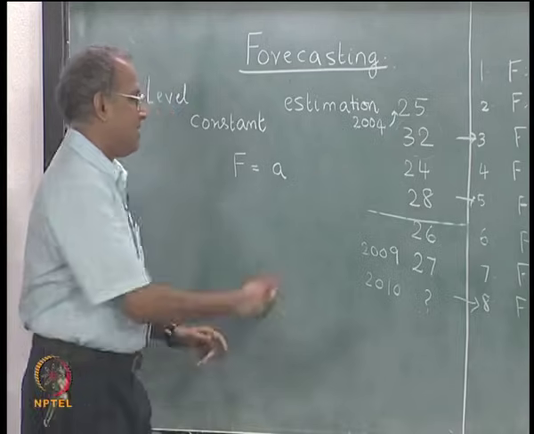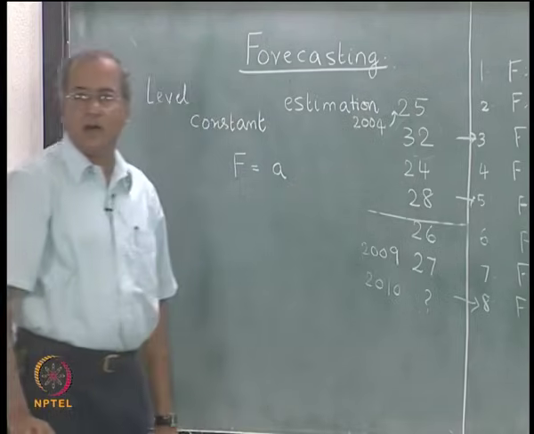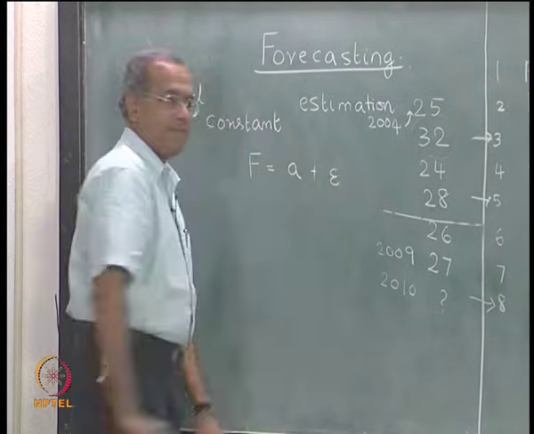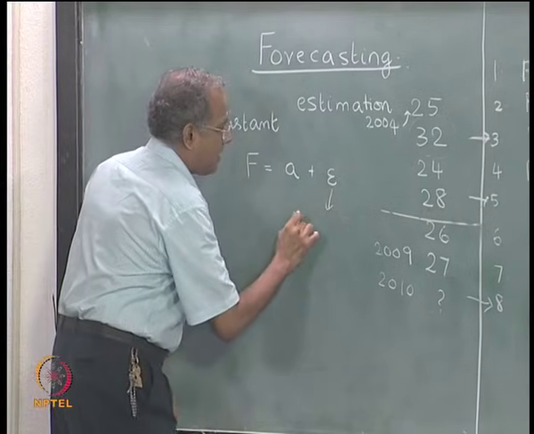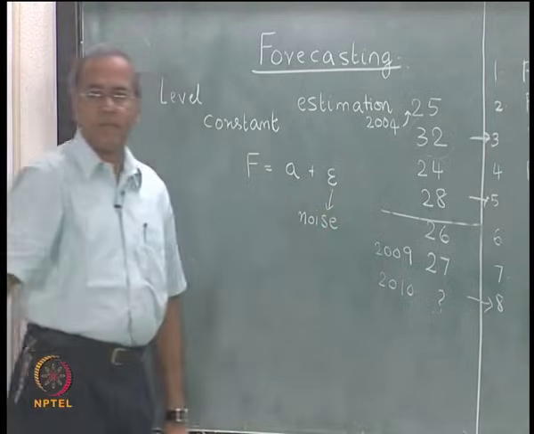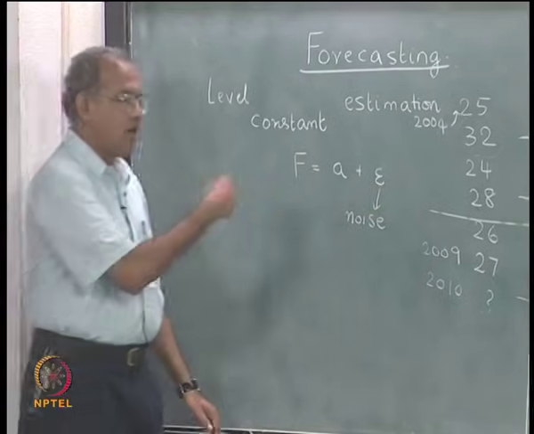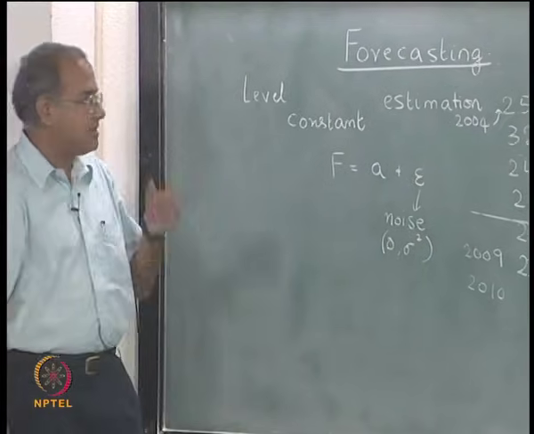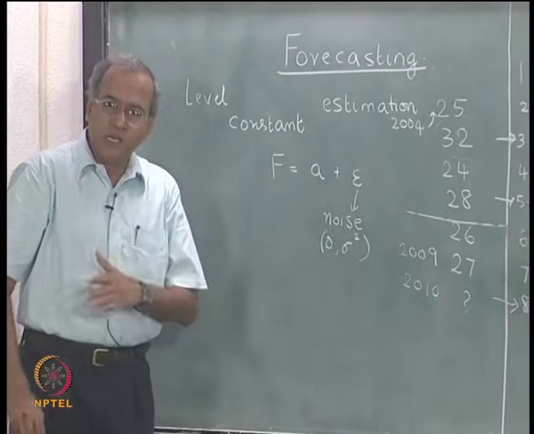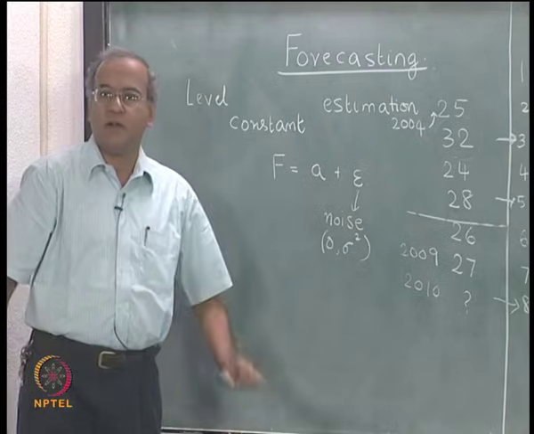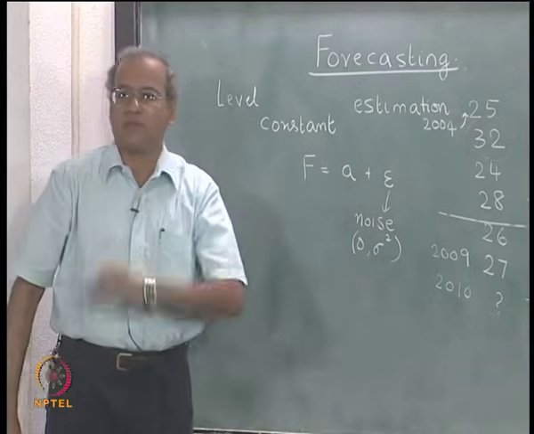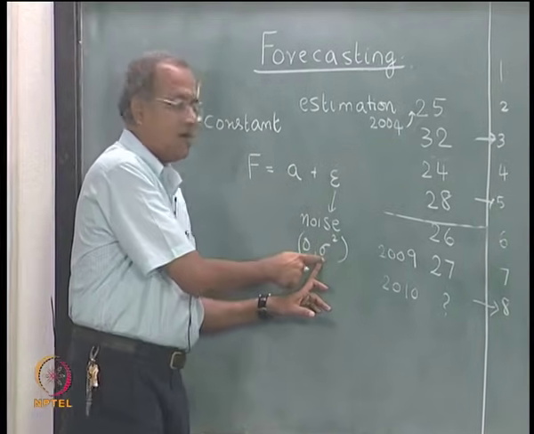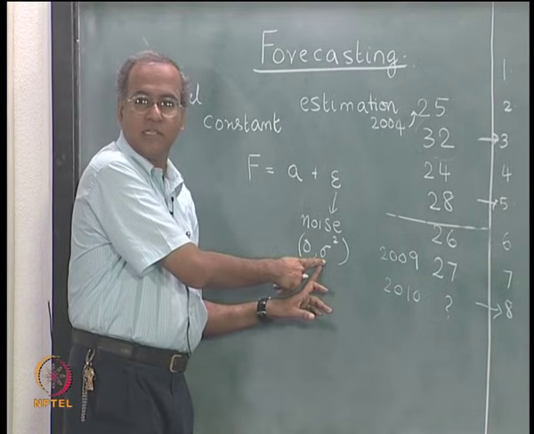The reason behind this, there is a certain inherent variation or inherent variability in the system, which we call as some epsilon, and this epsilon is the noise or inherent variation or variability in the system, and this noise is expected to have parameters 0 and sigma square, which means this noise has a mean of 0, which also means that these inherent variation or statistical fluctuations will cancel out as time passes, and these variations are small because their variance sigma square is also assumed to be a very small number.